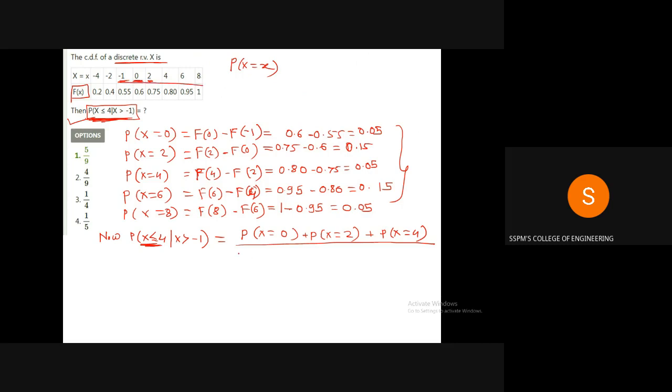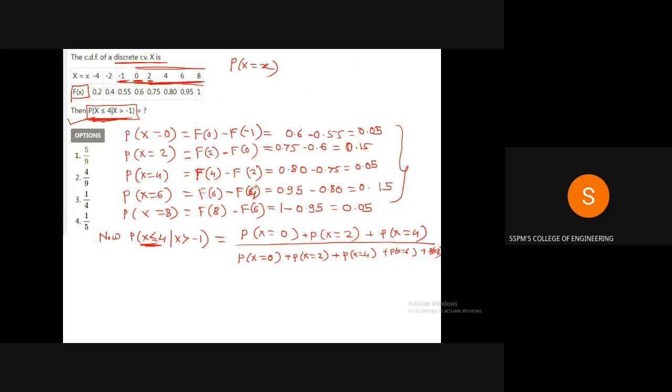Now for x greater than minus 1, what will be the probabilities? You will take all the values that are greater than minus 1. So probability of x is equal to 0 plus probability of x is equal to 2 plus probability of x is equal to 4 plus probability of x is equal to 6 plus probability of x is equal to 8.